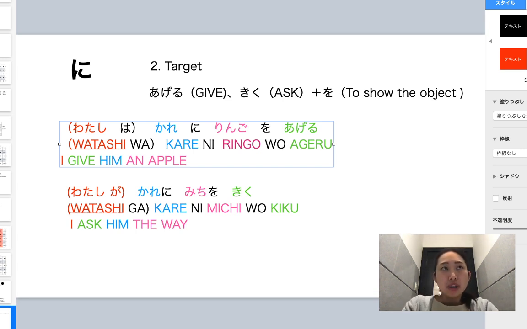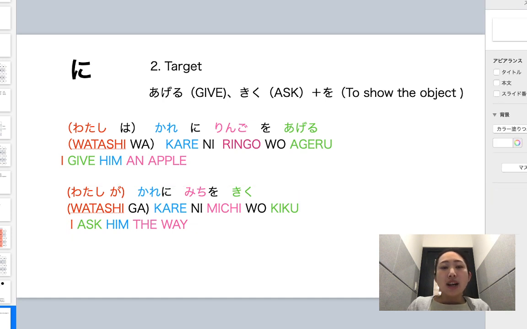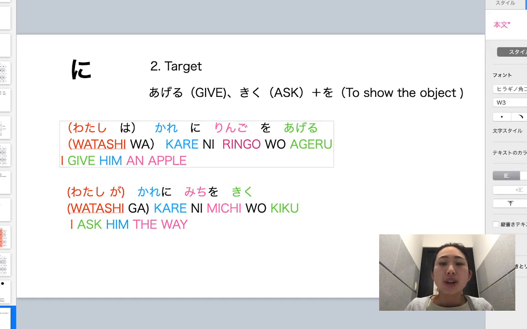You can use it for 猫に, neko is cat, so 猫に, or maybe you can use it for some role like 上司に, joshi is boss, 上司に. And also 花, flower. Do you remember 花に水をあげる?